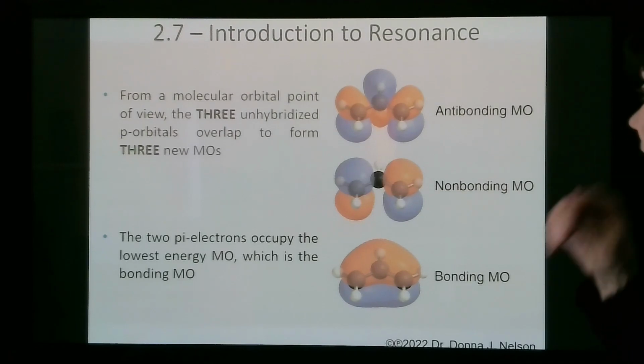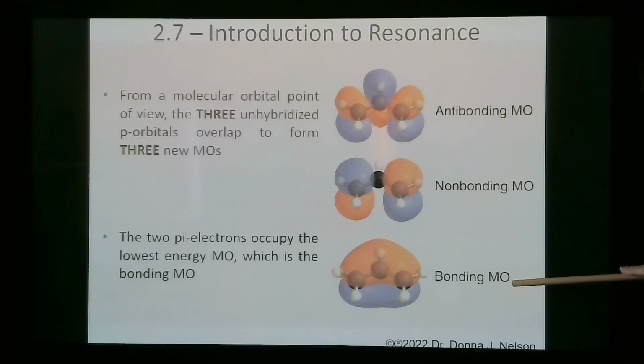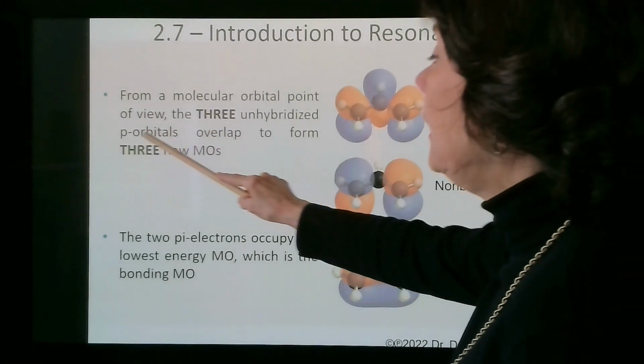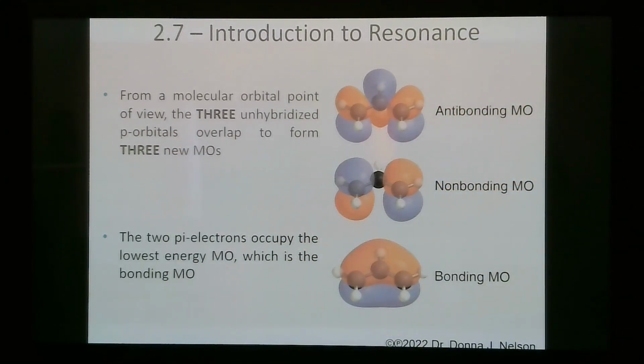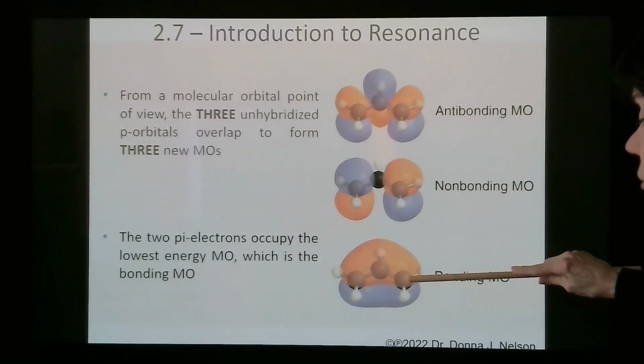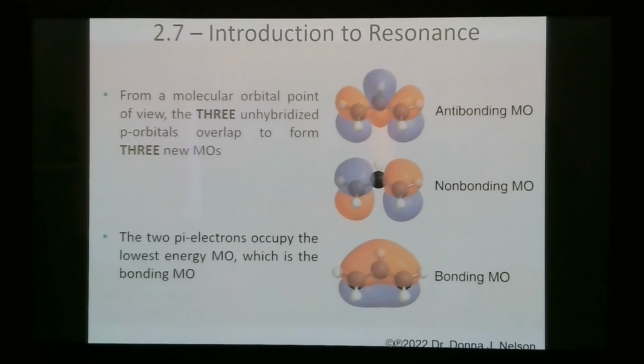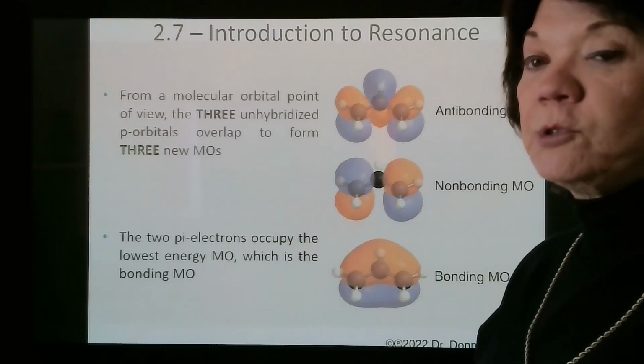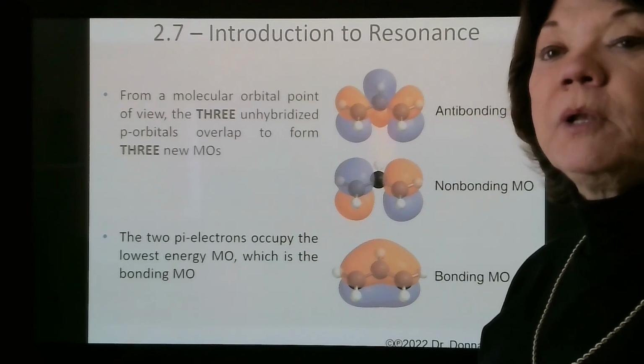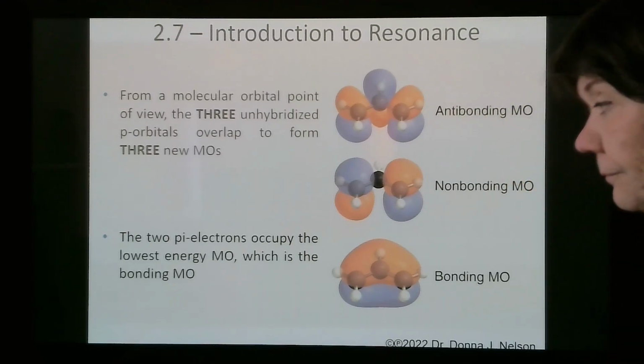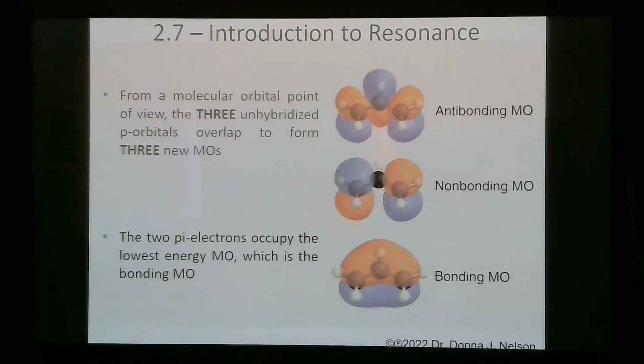So that's why you have 3 molecular orbitals, because 3 p orbitals overlapped to form them. However many p orbitals overlap, that's the number of molecular orbitals you will have. So you don't lose or gain orbitals as you're going along.